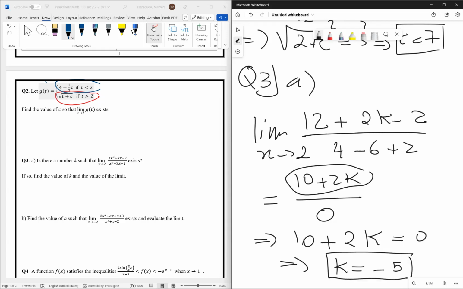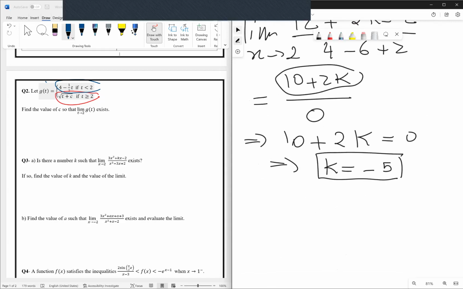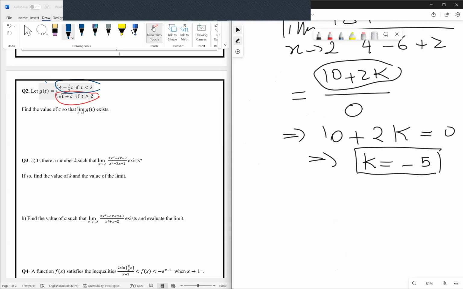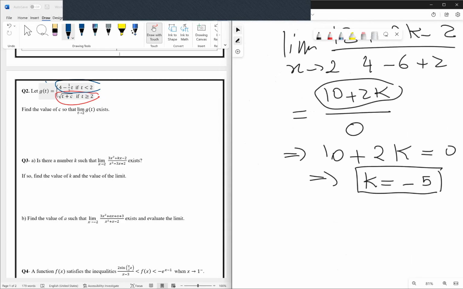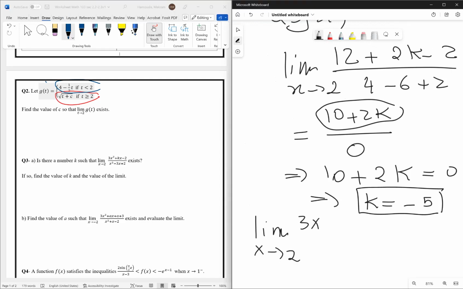Okay, now doing that, I have my k. I can factor my expression. So my limit will be limit of the function when x approaches 2, 3x squared minus 5x minus 2 over x squared minus 3x plus 2.